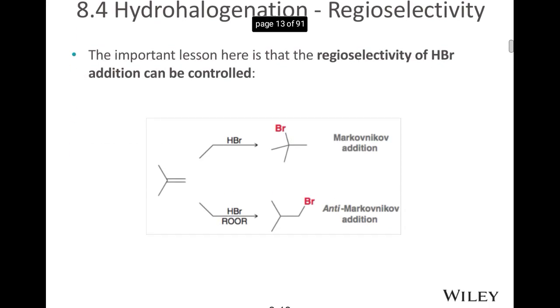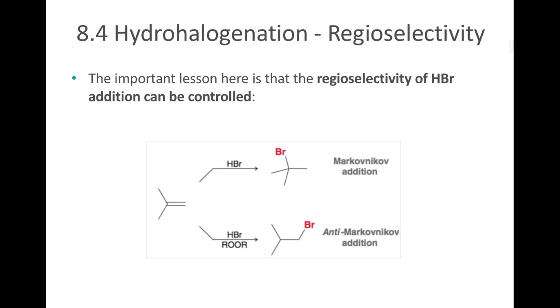However, you do need to understand the regioselectivity for Markovnikov and anti-Markovnikov addition, and you do have to know the mechanism for Markovnikov addition. So we can put here, no mechanism. You definitely need to know the mechanism for Markovnikov addition if you want to get through Chemistry 3101.